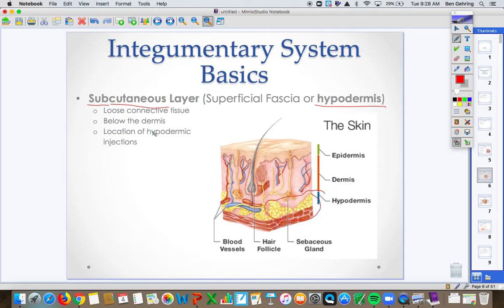This hypodermis is loose connective tissue, found beneath the dermis. The hypo part and the sub part both refer to below. This is where a hypodermic needle injects into. It is full of loose connective tissue. There's some vasculature in here, so your blood vessels are found there, and your nerves run in there. That is all found in your hypodermis, which is your subcutaneous layer.